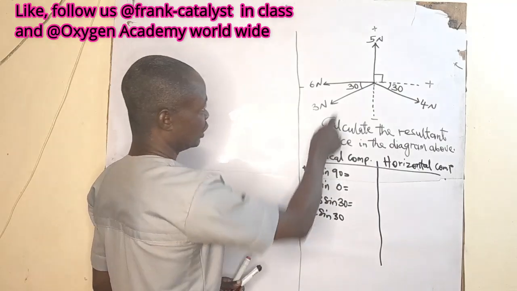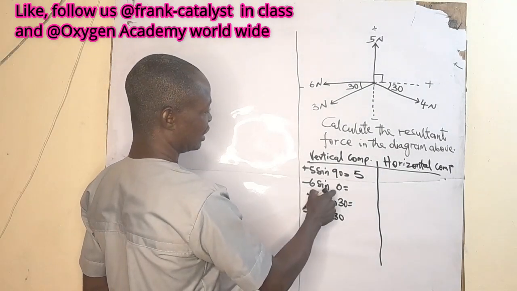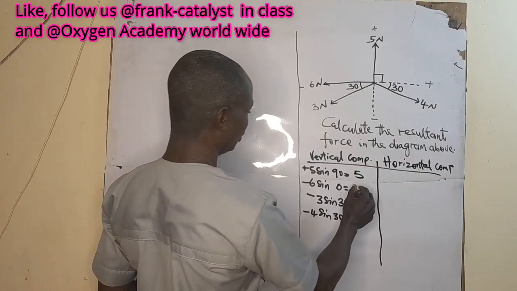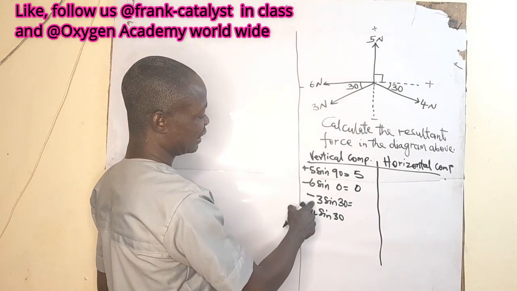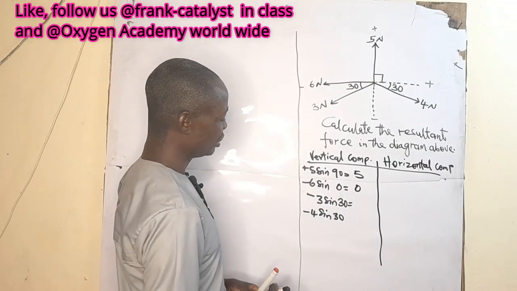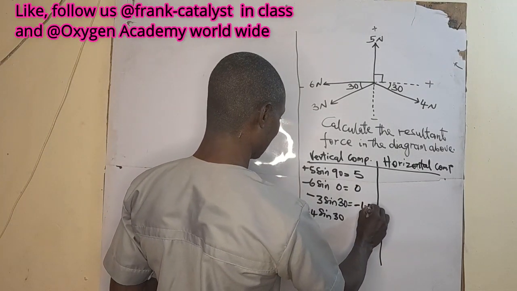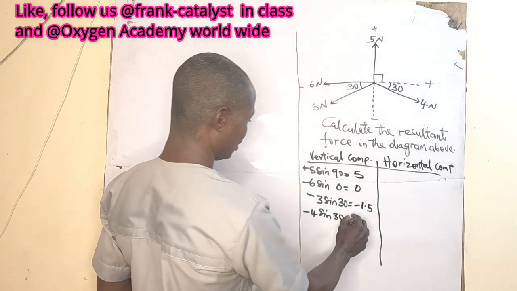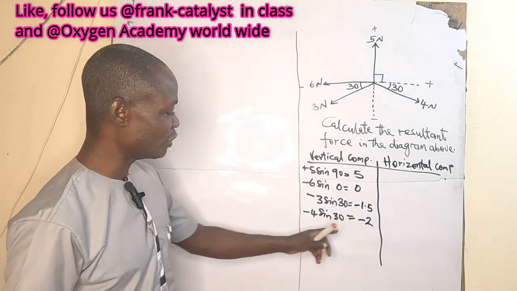Looking at this, 5 sine 90 is 5. Sine 0 is 0, so I have 0 here, and sine 30 is 0.5, so this is going to be minus 1.5, and this is going to be minus 2, because sine 30 is 0.5 multiplied by 4.